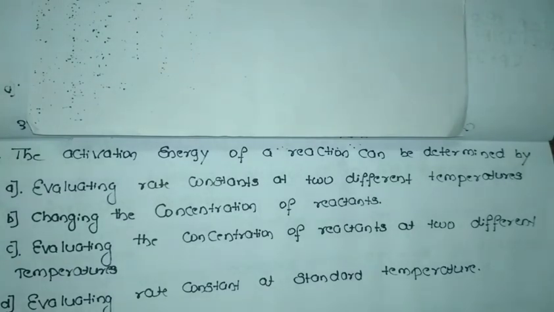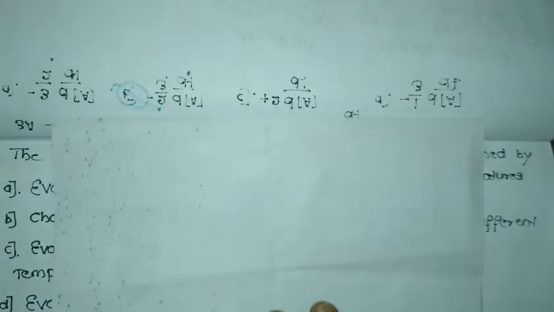The activation energy of a reaction can be determined by evaluating the rate constant at 2 different temperatures, or changing the concentration of a reactant, or evaluating the concentration of a reactant at 2 different temperatures, or evaluating the rate constant at standard temperature. A quite simple question here. The activation energy of a reaction can be calculated by, see, we have the Arrhenius equation, if you remember.